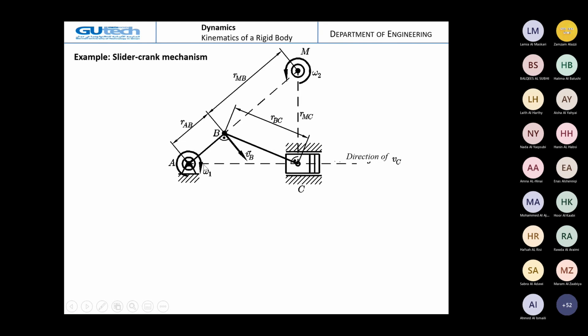Now the mechanism: you have the rotation of this bar or arm, rotating with omega 1, but the second one is rotating with another velocity. It's not the same as this one. Why? Because the point B, the connection, is not fixed.